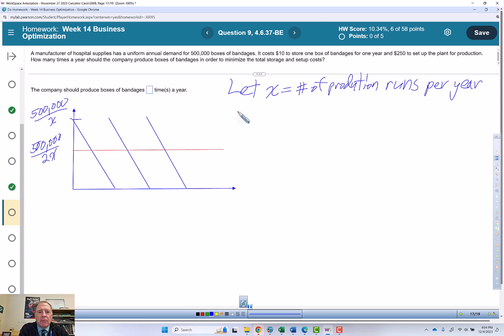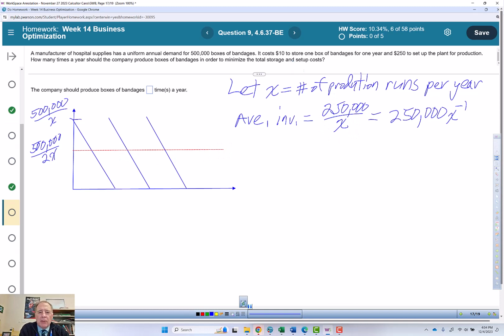And I can simplify that to average inventory is going to be 250,000 over x, or to make it easier to take the derivative, 250,000 times x to the negative 1. So that's our average inventory.